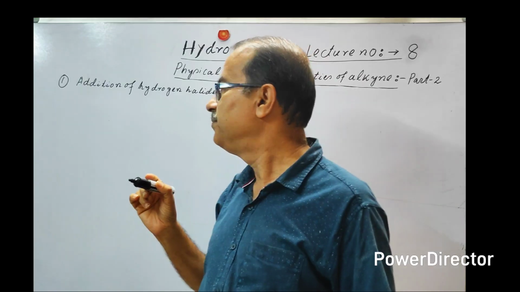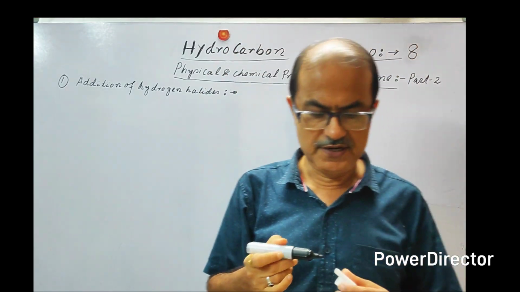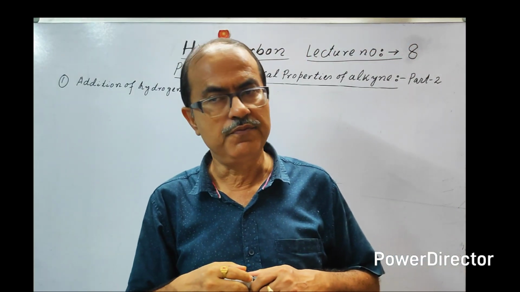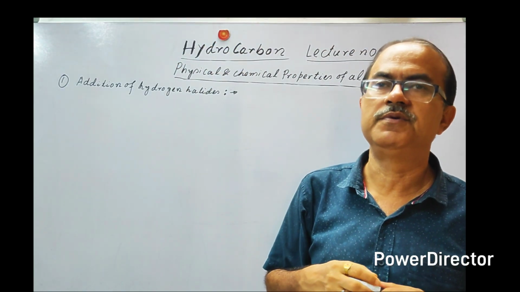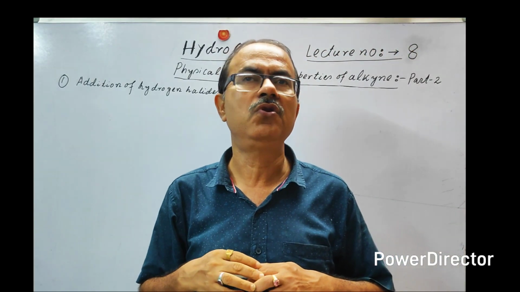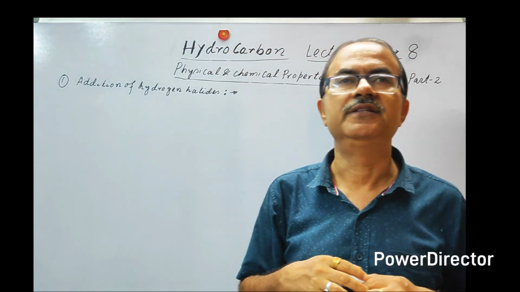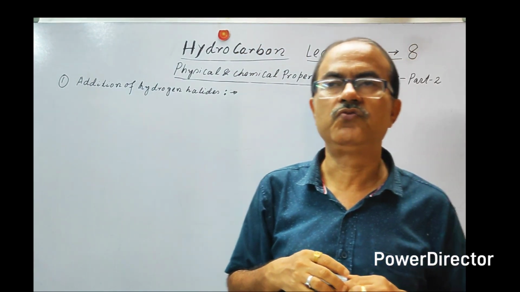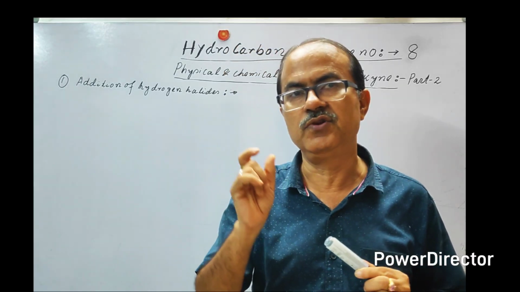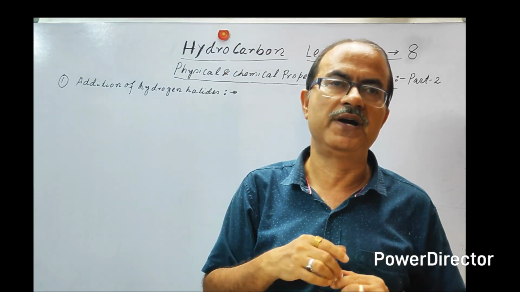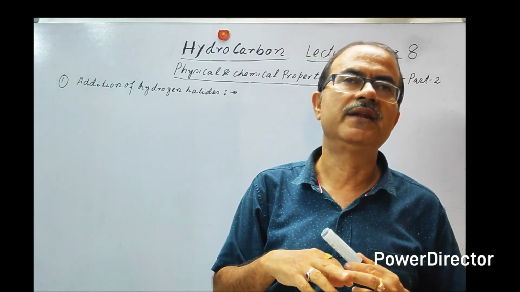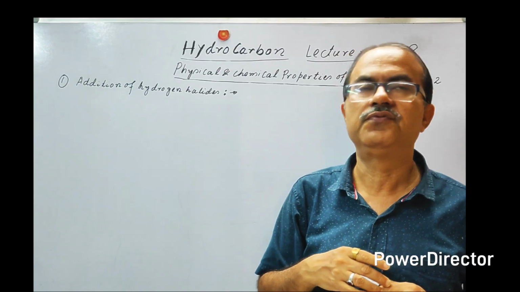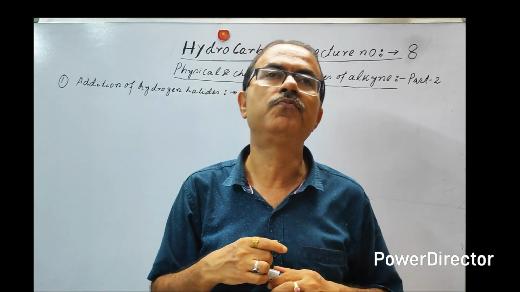This addition of hydrogen halides is done as per the Markovnikov rule that we have understood in our previous lectures. It is a very basic rule when we add molecules having two parts, one that creates an electrophile and another that is the negative part. For the unsymmetrical alkene, it is very decisive in understanding which type of product is going to be produced.